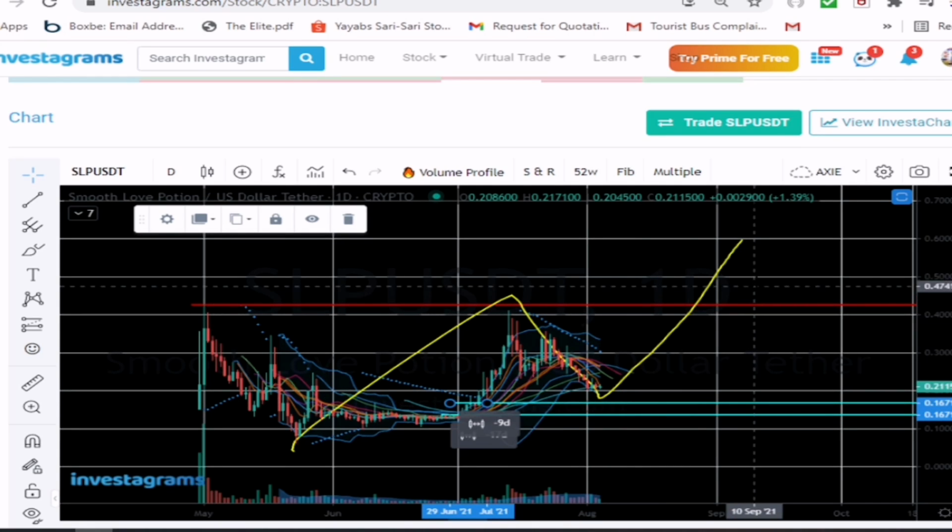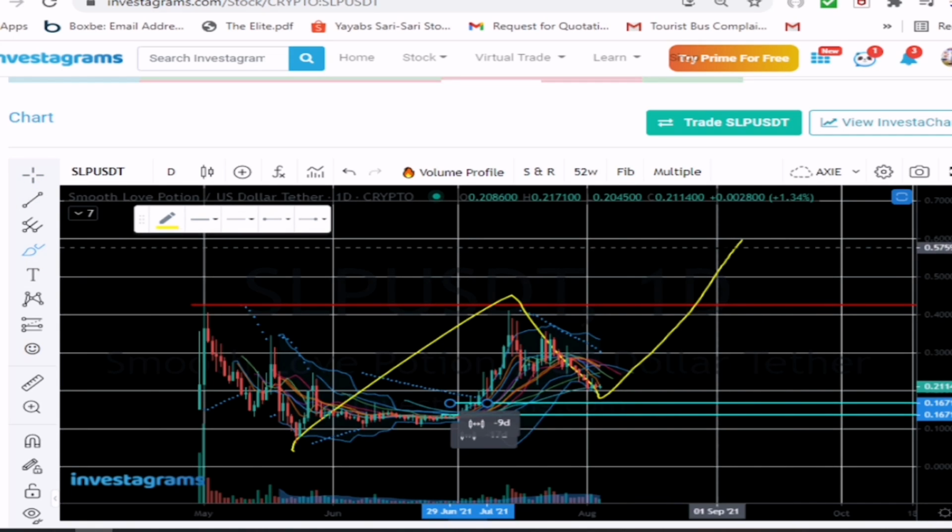Then, diretso na tayo sa Wave 3. Wave 3, mas mahaba yan, mas mataas, pwede niyang basagin itong all-time high. Once na nabasag niya yan, magkakaroon tayo ng another correction for the Wave 4, pababa yan sa Wave 4.